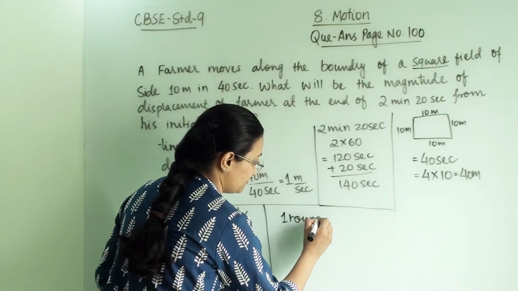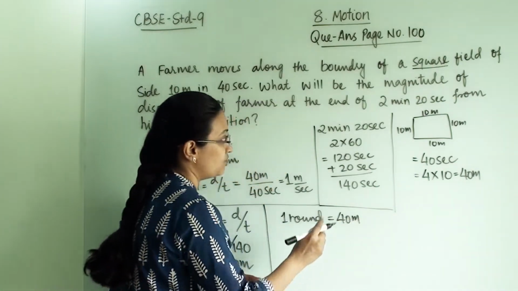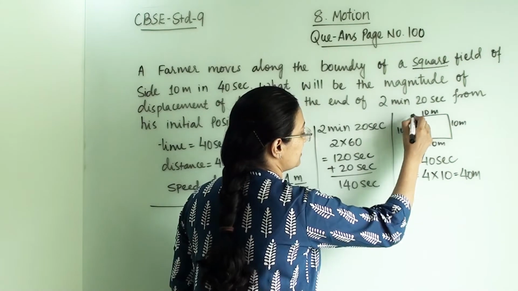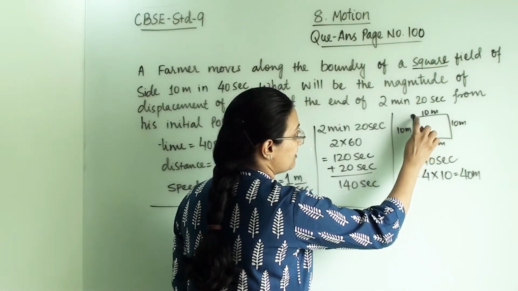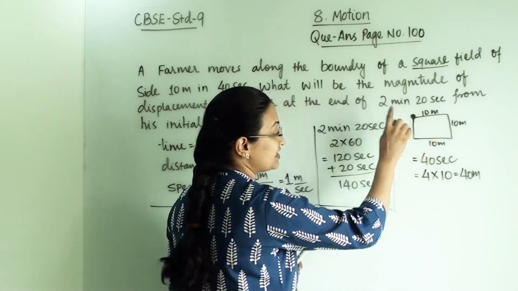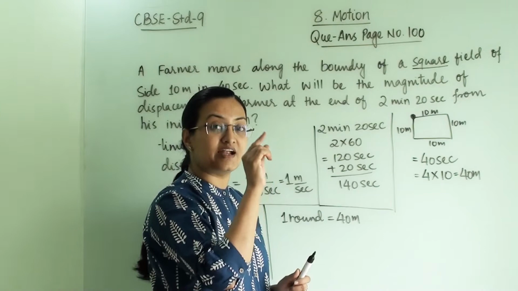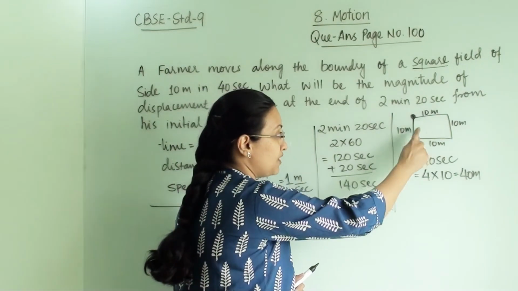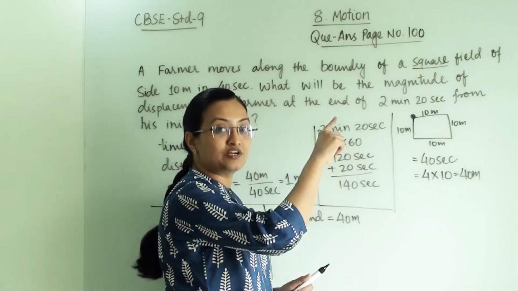One round has 40 meters. One round means when he starts from here, this is his starting position, then he takes one full round and again he will come here. His displacement will be 0 after one round because he is reaching the same position from where he started. So after one round he will cover 40 meters distance, but his displacement will be 0.